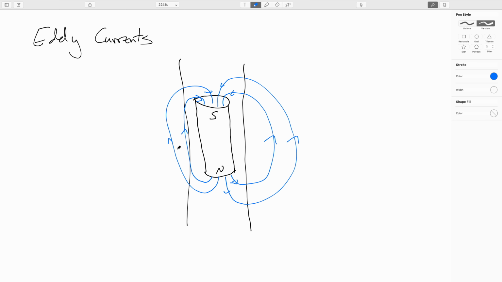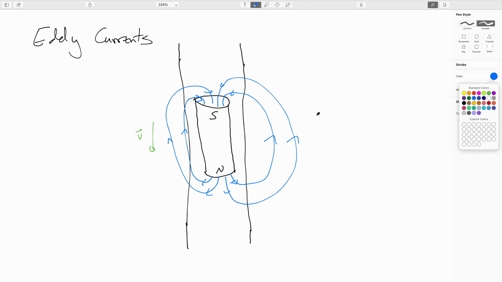All right, so the way to think about this is think about little washers, like little thin rings of the copper pipe immediately above and below our falling magnet. And actually, let's go ahead and just note that the magnet is indeed falling down.